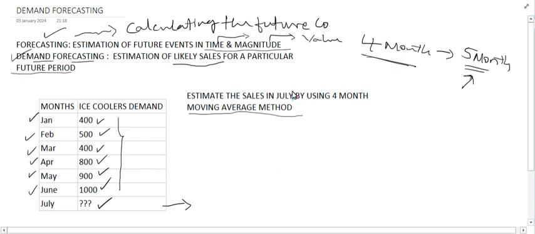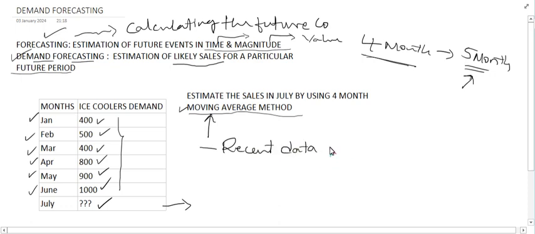So here I am using one method called the moving average method. Let me tell you about the moving average method. Moving average indicates that we need to consider recent data for estimation.